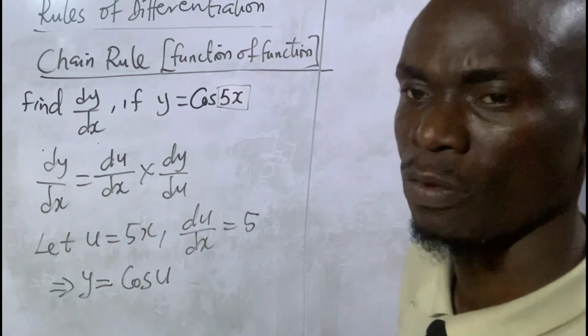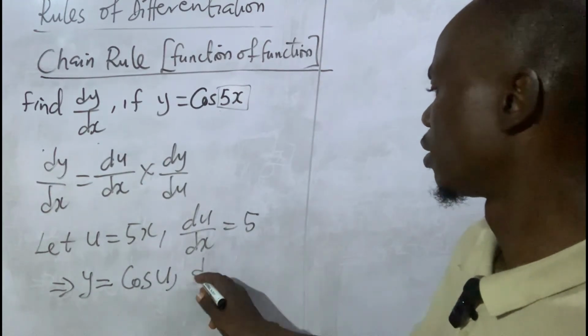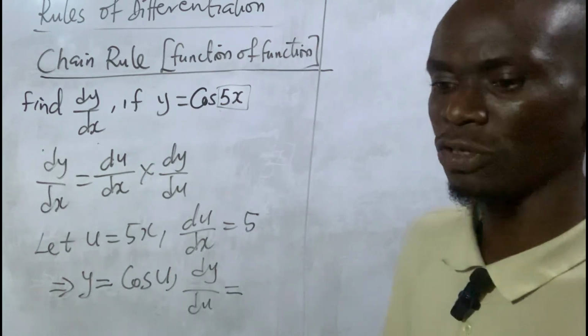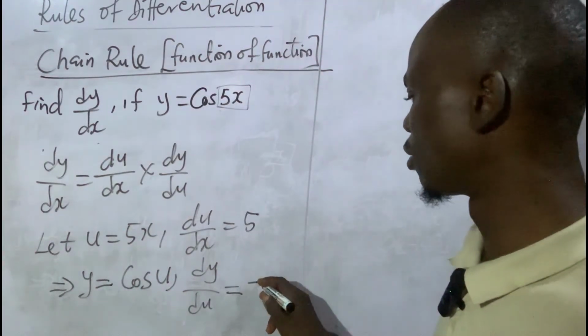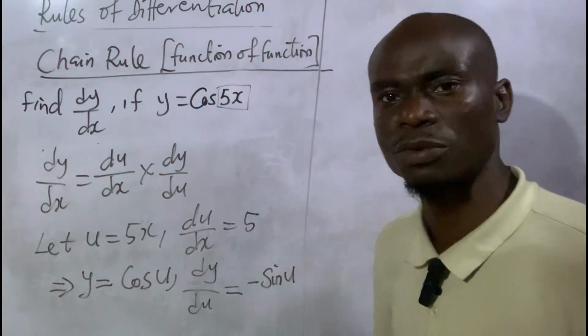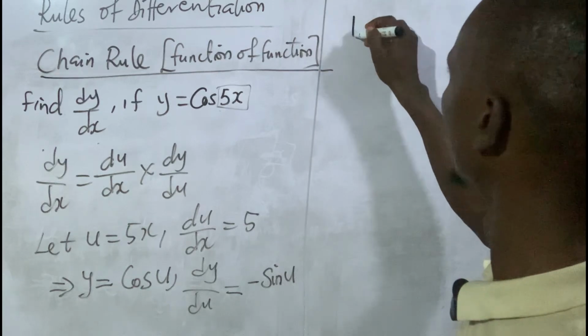This means that y is now cos u. Replace the chain with u. Differentiate y with respect to u. If you differentiate cos, it normally gives us minus sine, from our differential table. With this now, we can substitute into the formula.